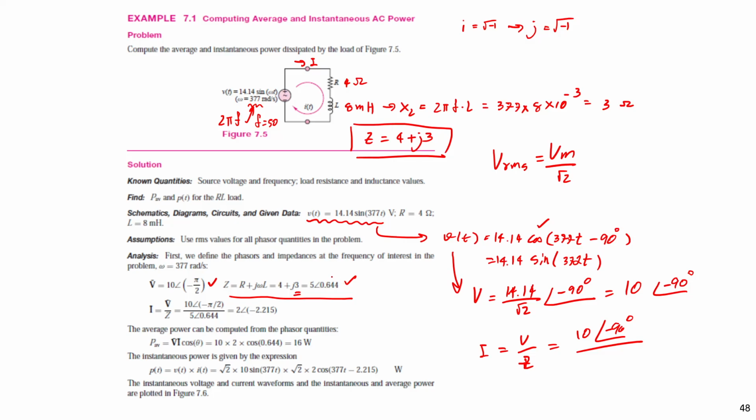In this example, the calculation is in radians. Now we divide the voltage by 4 plus j3, so we can get this current. Okay, this current here.